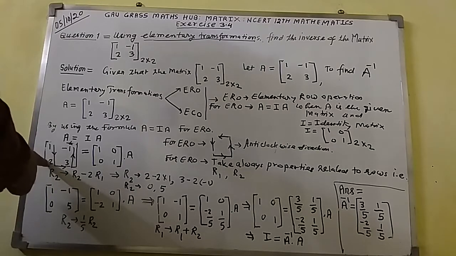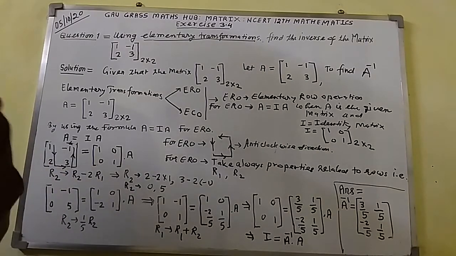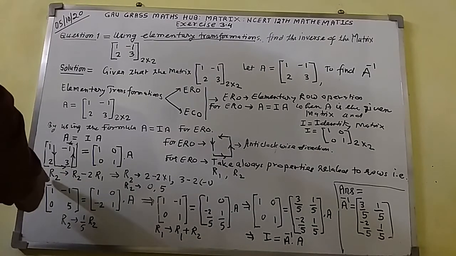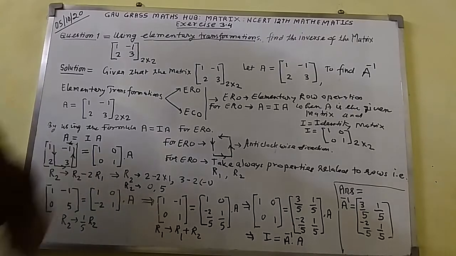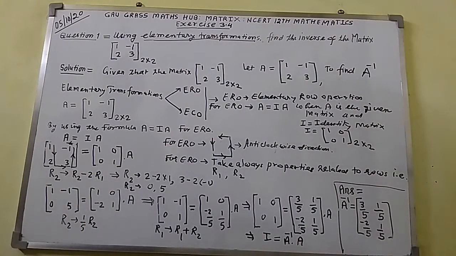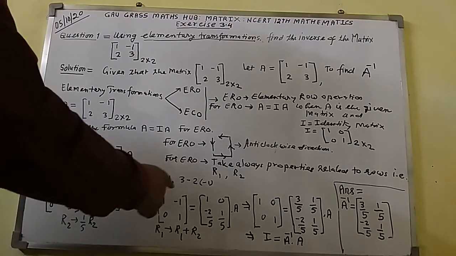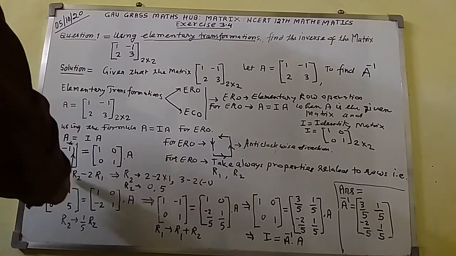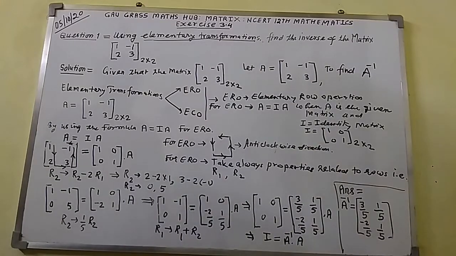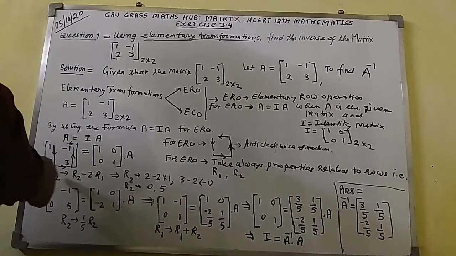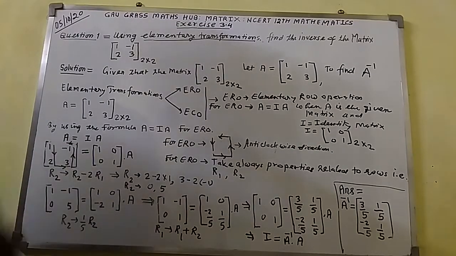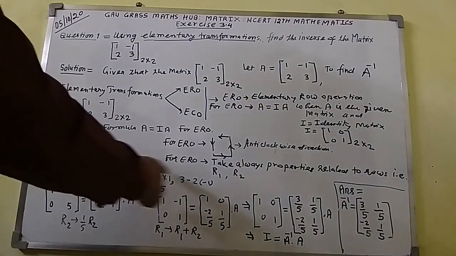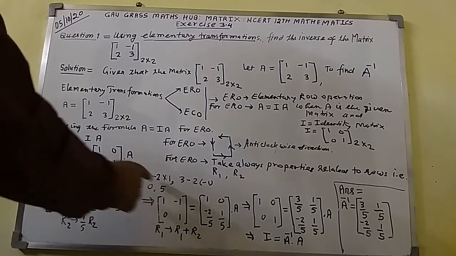And this 2 will be converted into 0. So this property will apply: R2 goes to R2 minus 2 R1. This is the explanation of this property.